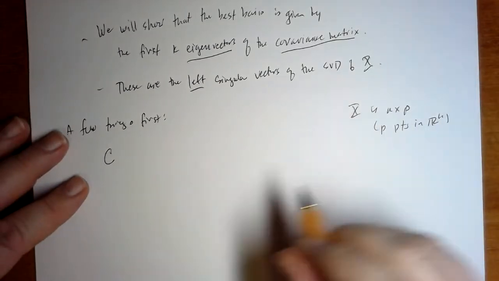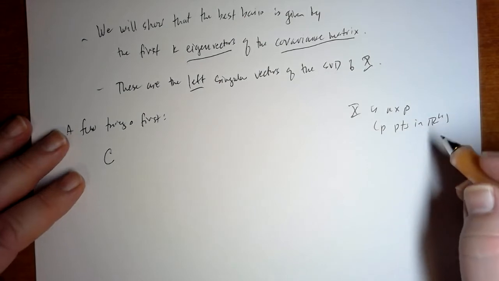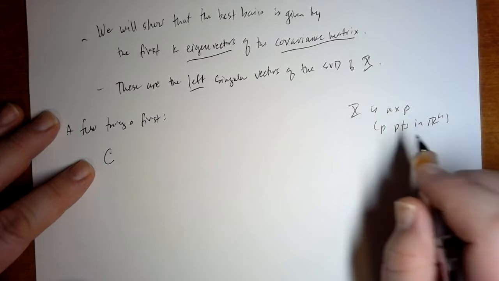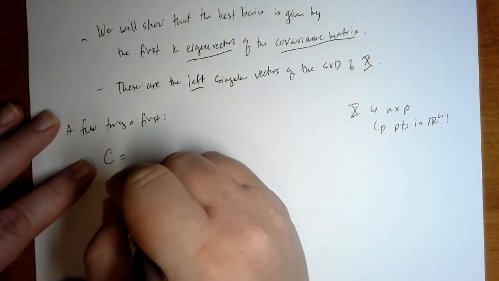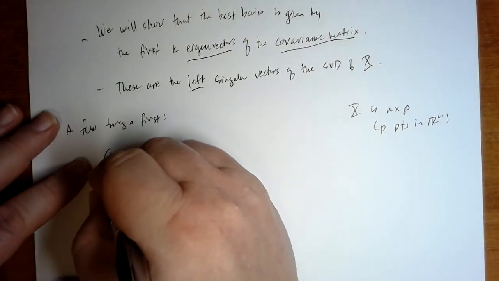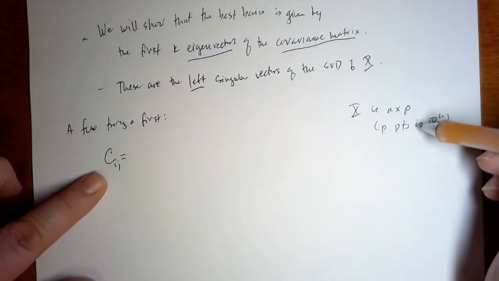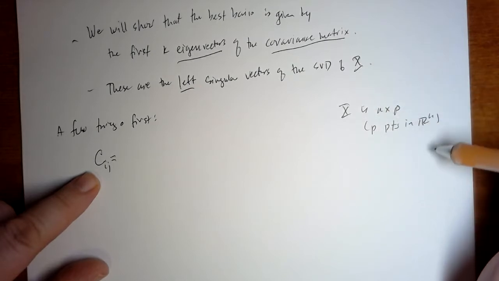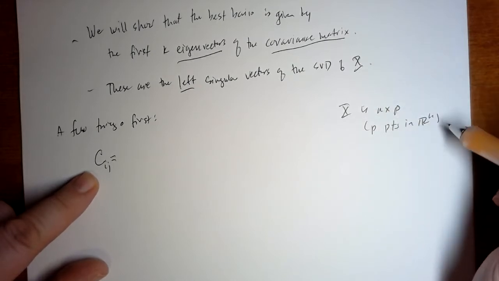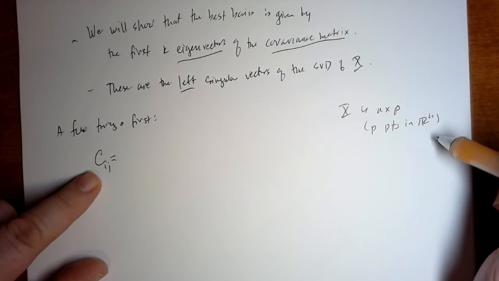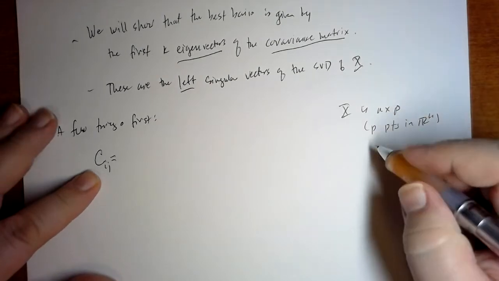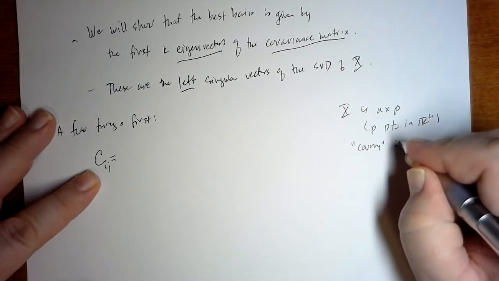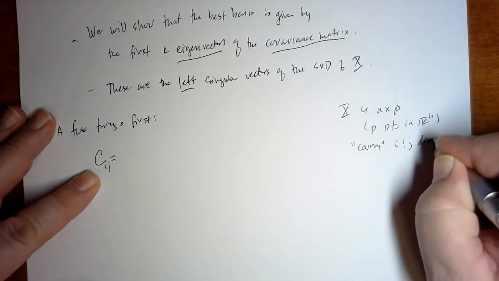Right now we won't assume that these data points are mean subtracted when we first define our covariance. So this is the covariance between the ith and jth dimension. Now, when I say that, what does the covariance mean in data like this when you have p points in R^n? Well, the covariance is between the ith and jth dimension, so we covary the ith and jth dimension.